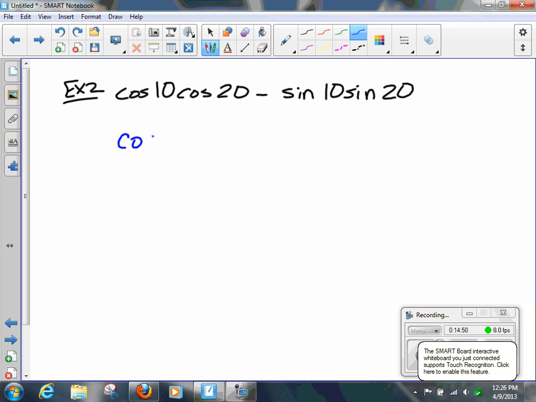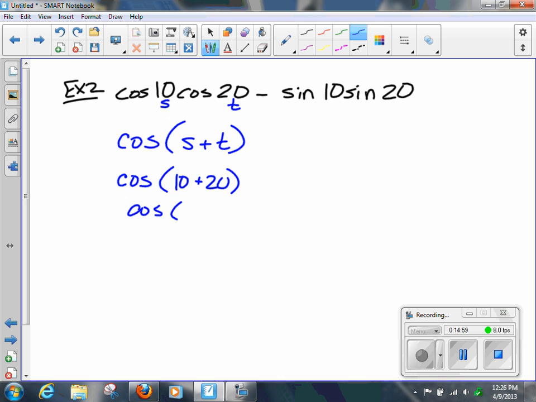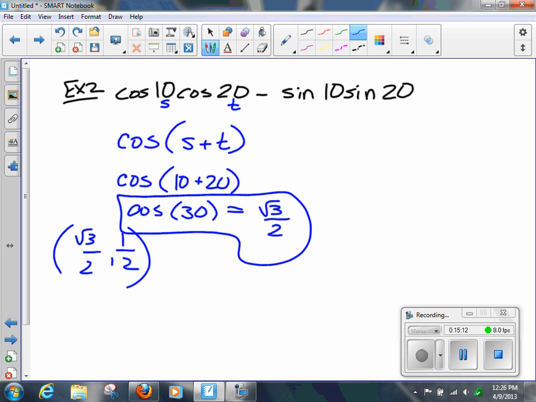You guys said addition. So that means cosine of 10 plus 20, which is cosine of 30. My ordered pair is root 3 over 2, 1/2. What's my cosine value? Root 3 over 2. How many of you had that as your answer? Questions at all?